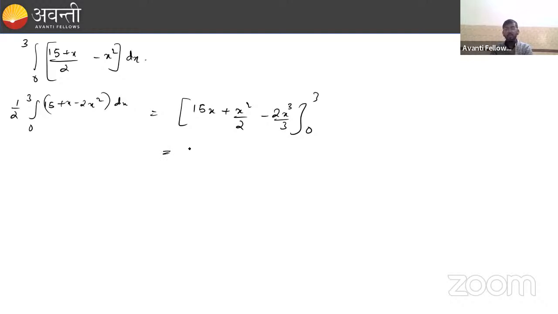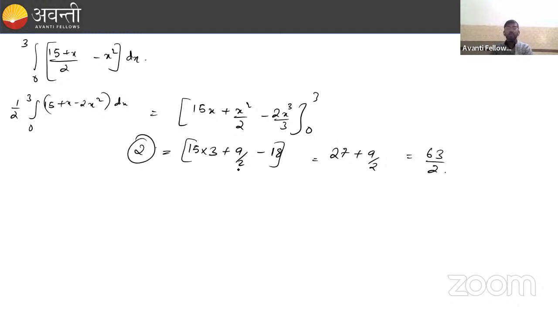We put 3, so we get 15 into 3 plus 9 by 2 minus 2 times 27 upon 3. 27 upon 3 is 9, and 2 nines are 18. So we get 45 minus 18, which is 27, plus 9 by 2. This we will get as 63 by 2. So our area 2 is this value.